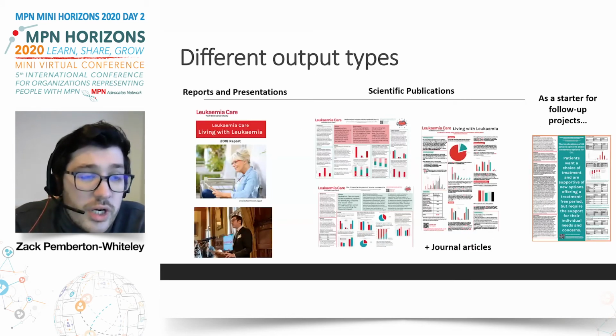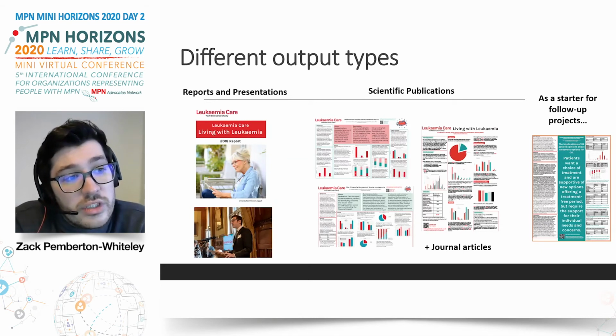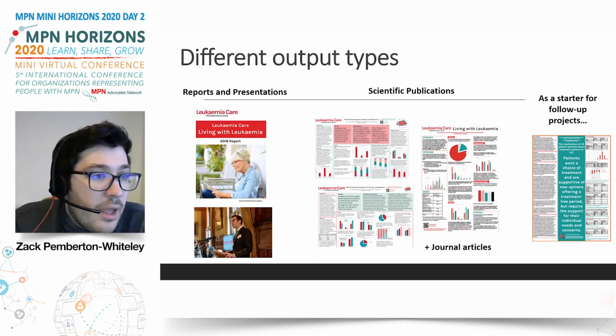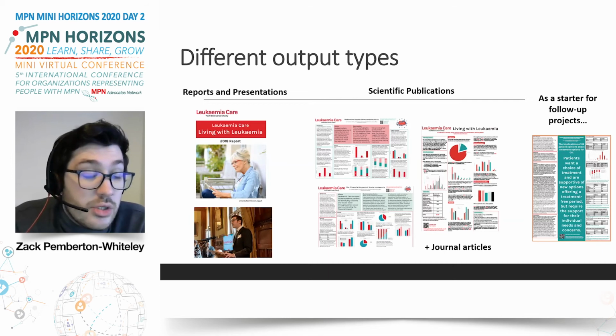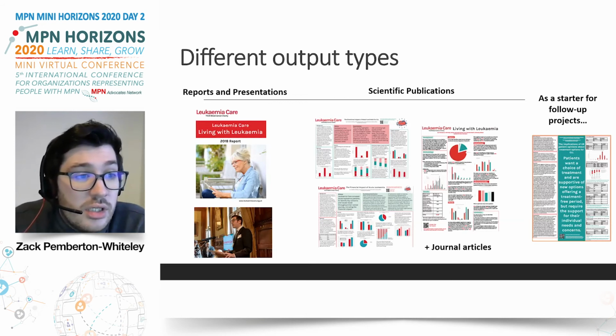But the thing I would draw here is, depending on what you want to do with the evidence, consider what your different output types are. And I'll talk in a minute about how you can use the evidence from a project like this. But there are lots of different ways you can present the data. There's lots of different ways it can come out. So that may be the full report, which, as I said, is on our website.